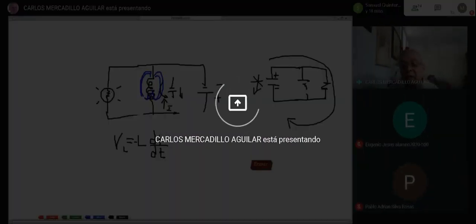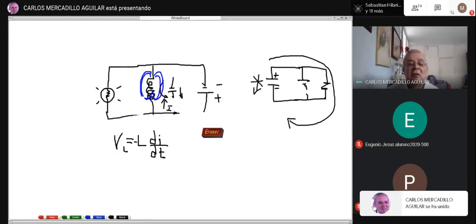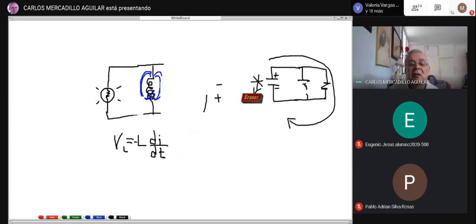Well, who wants to explain the operation of the inductor? We'll erase.